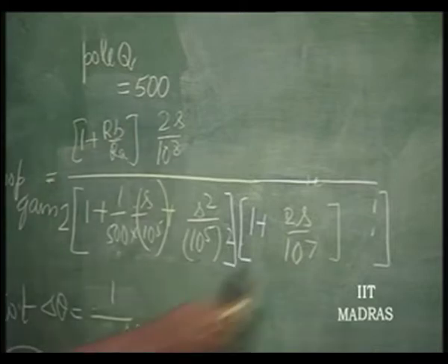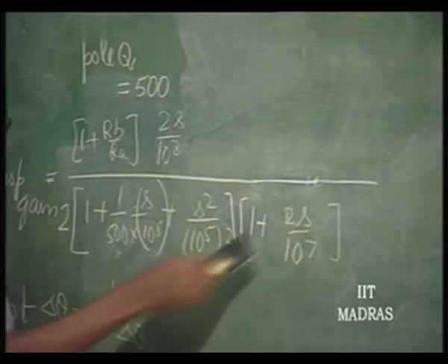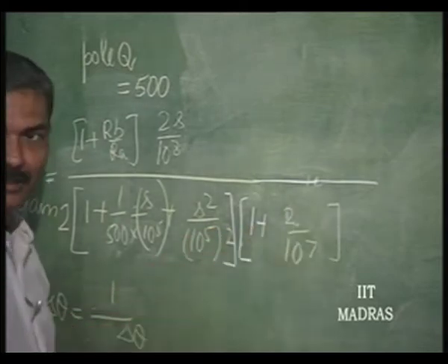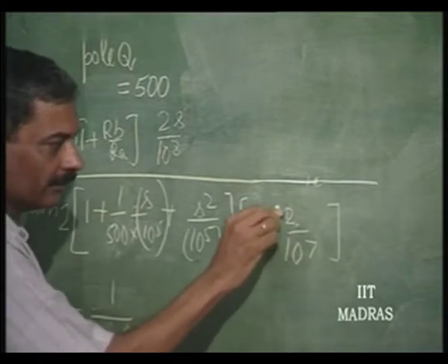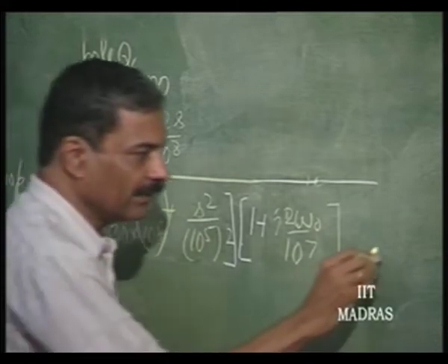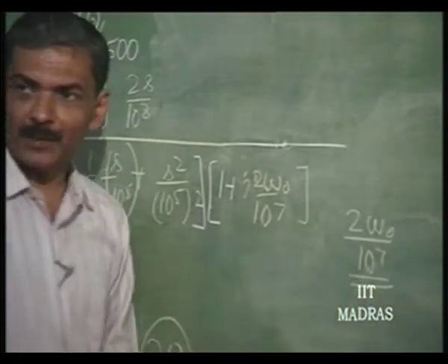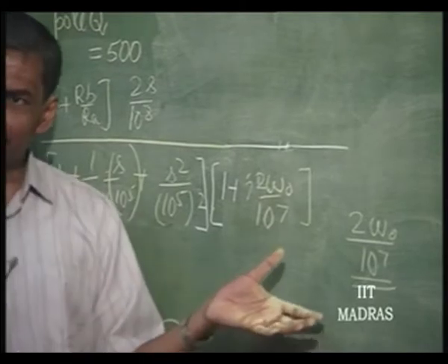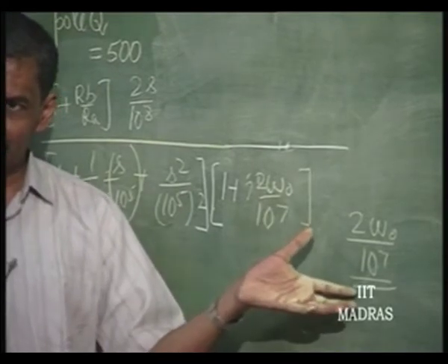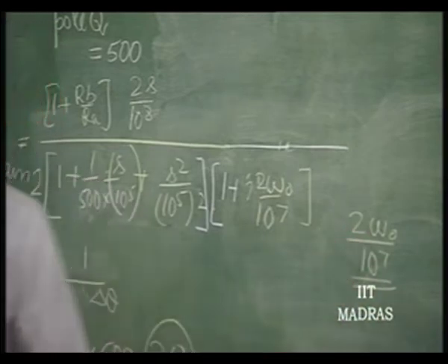That is going to remain here. So, if you put s equal to j omega, this is going to contribute an additional phase lag at that frequency. The additional phase lag will be 2 omega naught by 10 to the power 7. Being a very small angle, you can say that tan inverse of that is that angle itself, right.